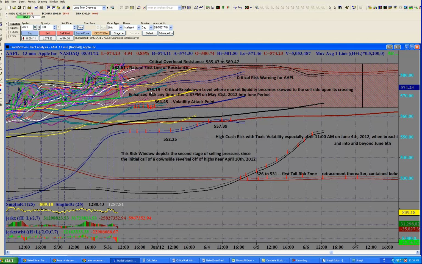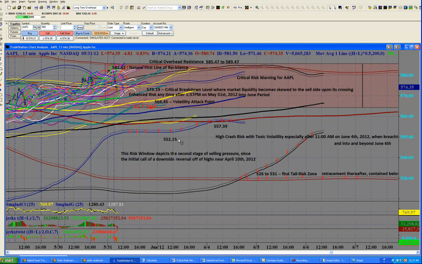And we're now heading into that critical 573.19 support area. It starts hooking after 1:37 p.m. on May 31st, so that's today. We get underneath that zone, especially the 564.75 area, then we've got gap risks, as we indicated, down to 552.25 to 557.39.